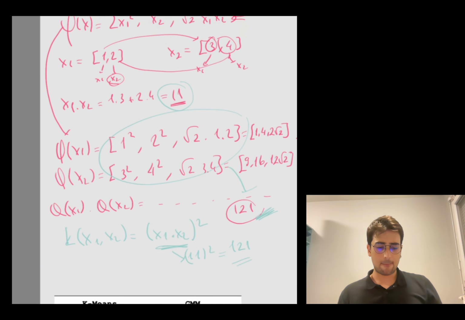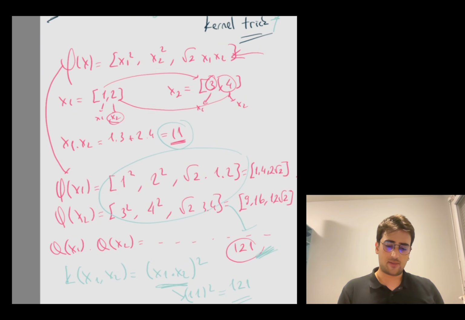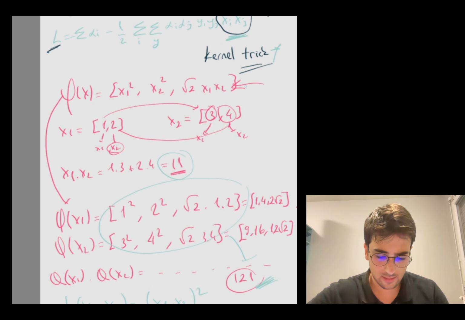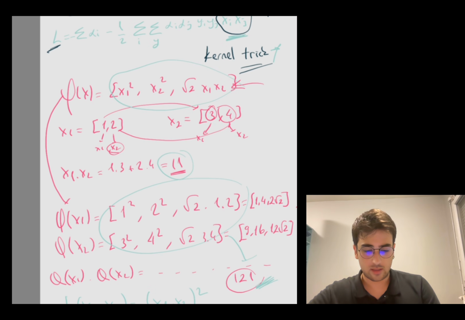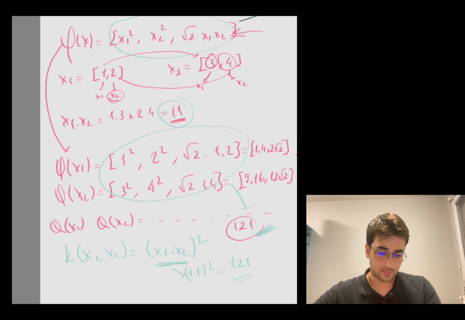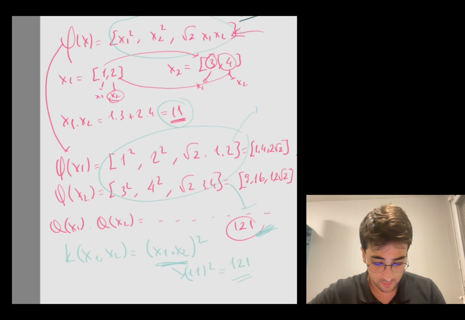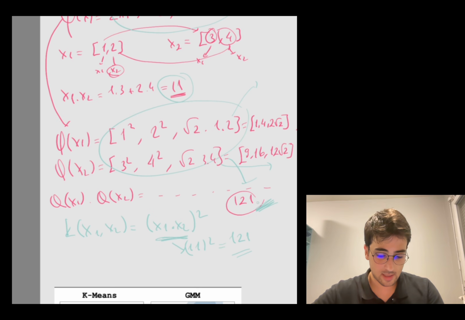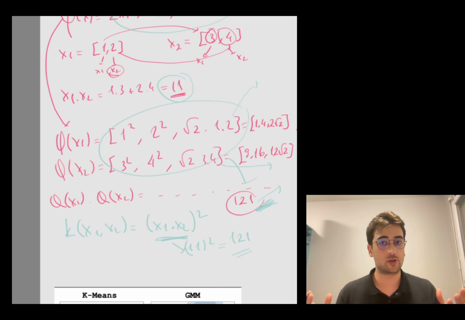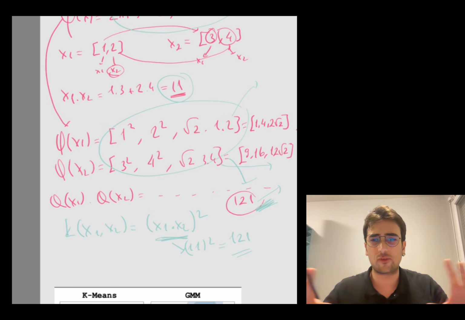So basically, defining a quadratic projection like this, then calculating both of their projections, then calculating the dot product of the projections is too much work, and it consumes a lot of memory.